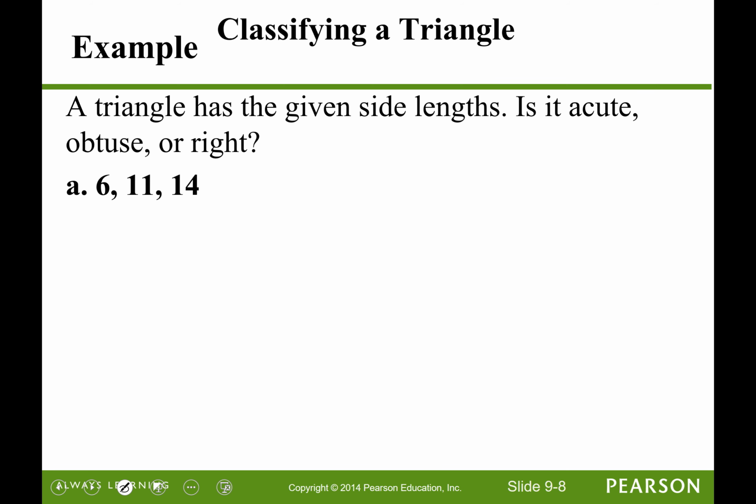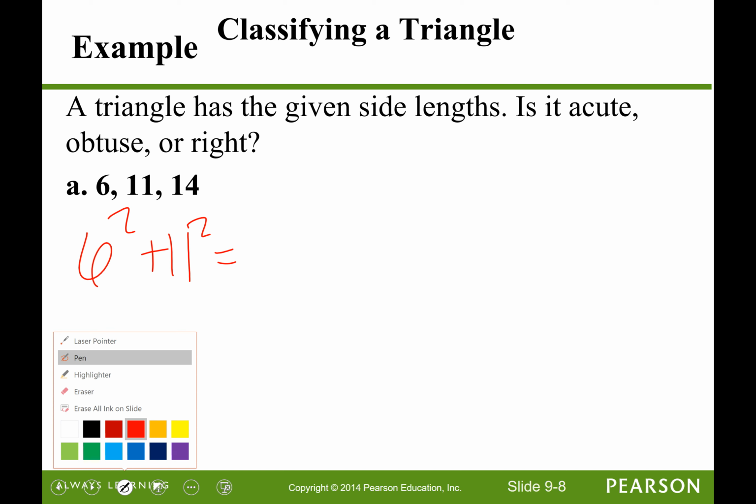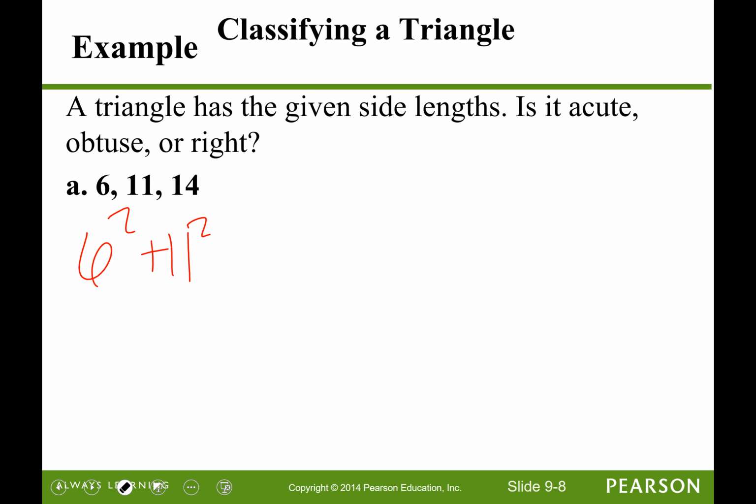All right, so let's classify this triangle. A triangle has the given side lengths, and they are 6, 11, and 14. And then we're asked, is that triangle going to be acute, obtuse, or right? So if we set it up as 6 squared plus 11 squared, and we're questioning, let's write a question mark there instead, 6 squared plus 11 squared is question mark to 14 squared.